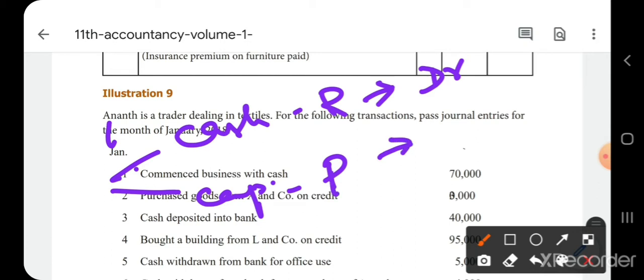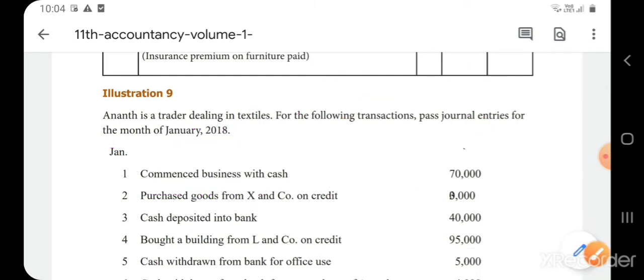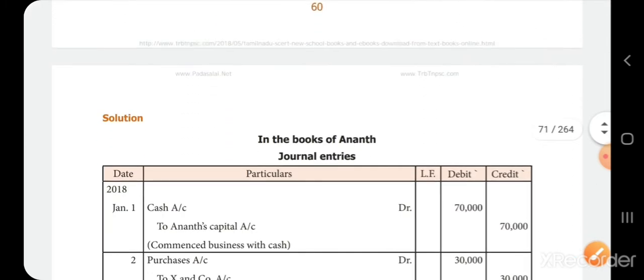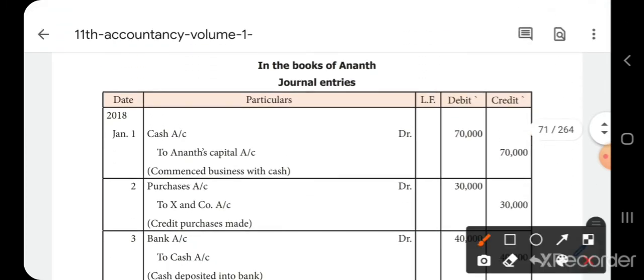Personal account, the rule is credit the giver, so you credit capital account. So cash account debit to capital account. Anand's capital account is the entry for the first transaction. Okay, so you'll write the date like this: 2018 Jan 1st, cash account debit to Anand's capital account, commence business with cash.